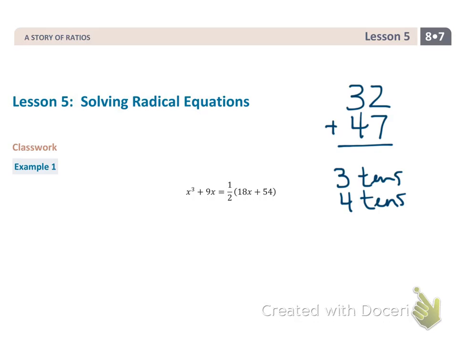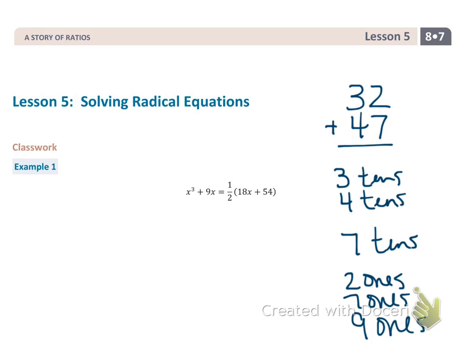So altogether I have 7 tens in my answer. And then I've got these 2 ones and 7 ones, and that gives me 9 ones altogether. And so my answer is 7 times 10 plus 9 times 1, or 79. Okay, so it's the exact same thing. You could think of the tens as like x, and so we're adding copies of those.